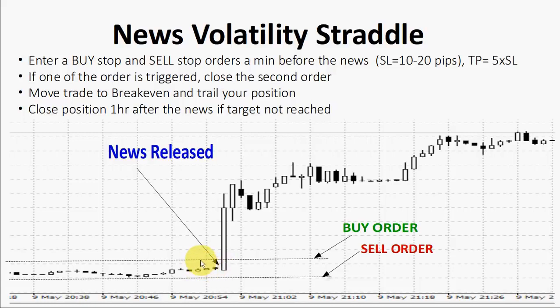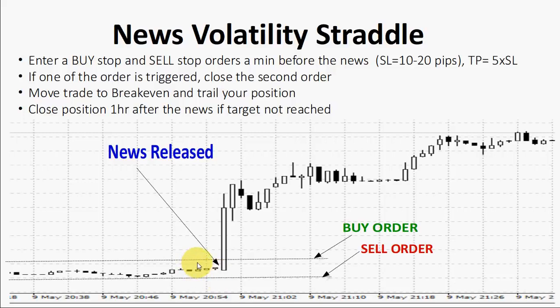So let's say you put it 10 pips above the current price, 10 pips below the current price. The number of pips also depends on the news you are expecting. If you're expecting a big news, make sure the points are wider. If it's a smaller news, it could be 5 points above and 5 points below.